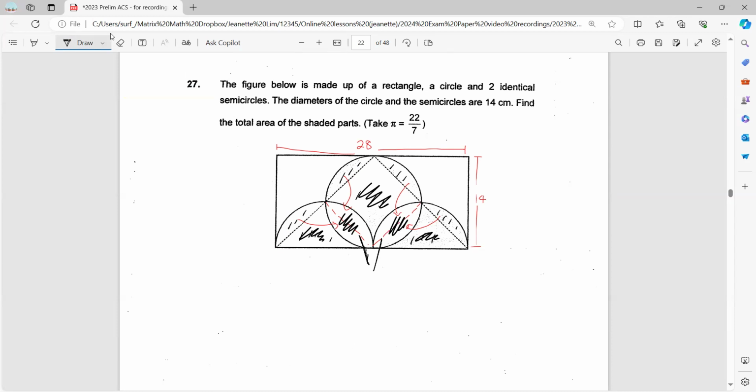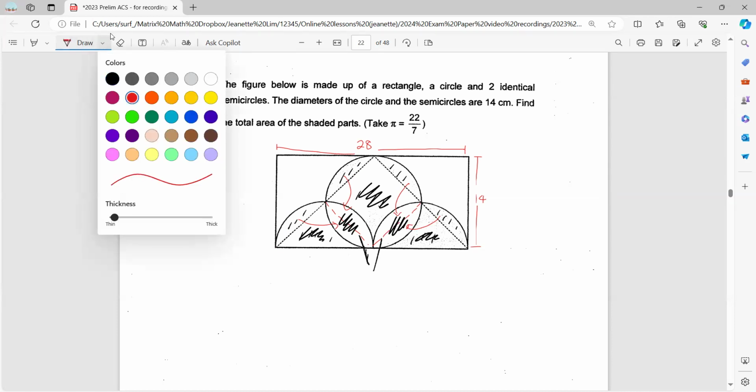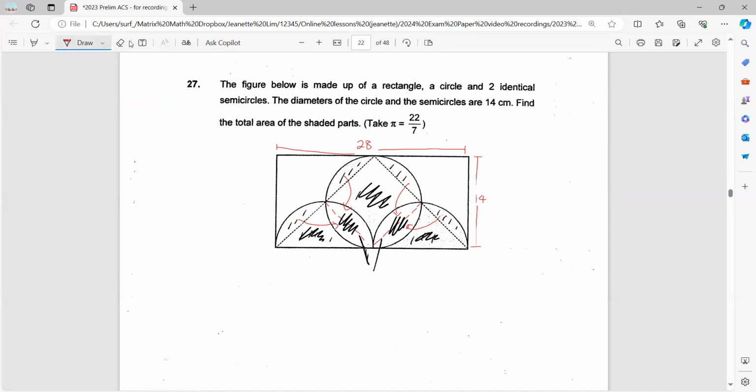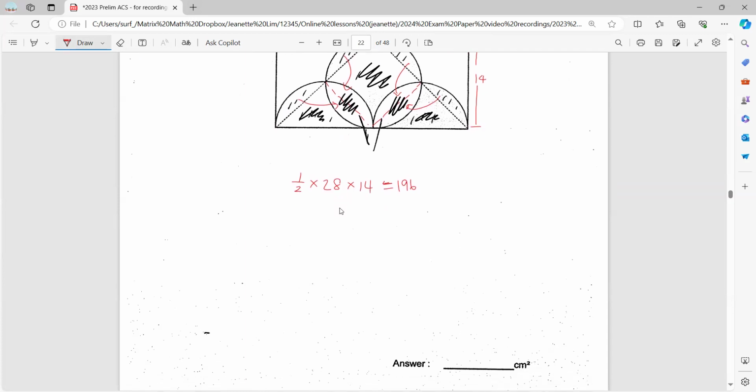You end up with a triangle. To find the triangle, half times base times height. So just half times 28 times 14. Then do your calculations, you should get 196.